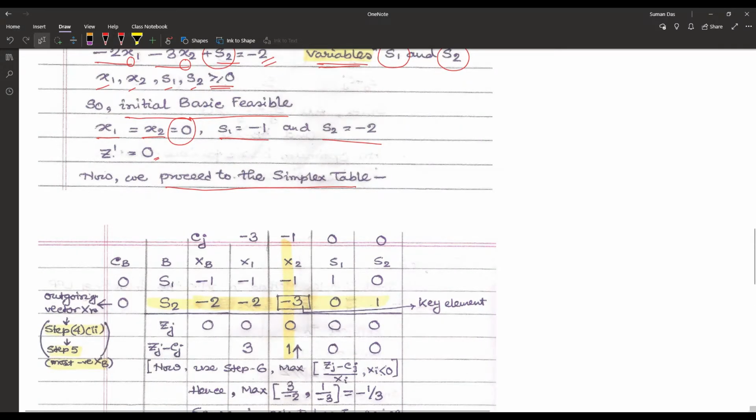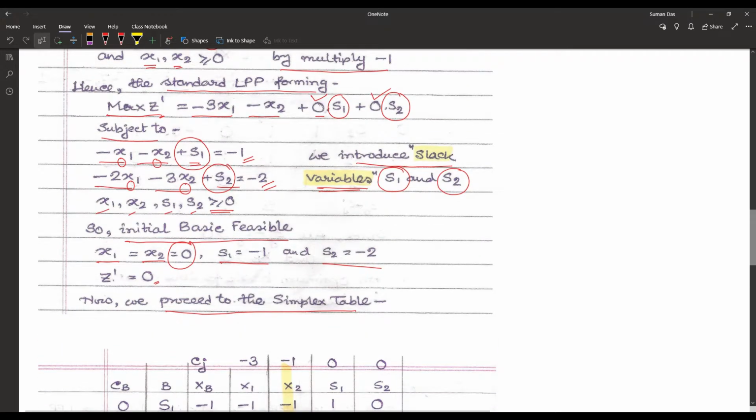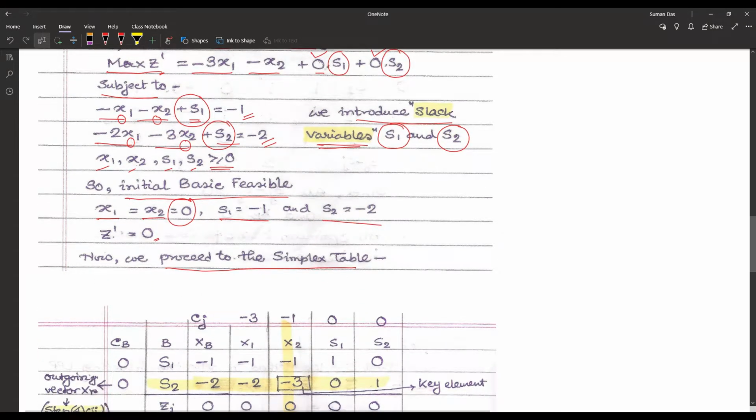In the table we consider CB, then B for the variables, XB for the basic feasible solutions, and the four variables x1, x2, s1 and s2. That row is the CJ, taken from the objective function.